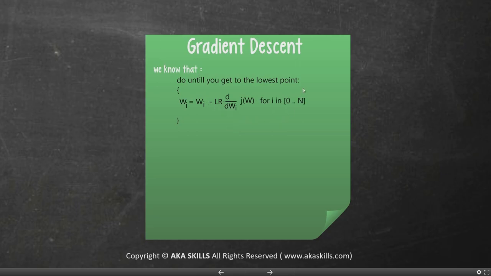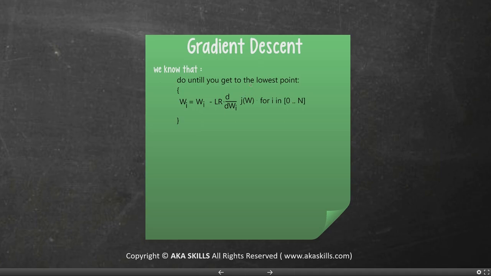So how is gradient descent going to be? This is the gradient descent we learned for linear regression, the general form. The only thing that is supposed to be different is the derivative of the cost function, because we have a totally different cost function, right?